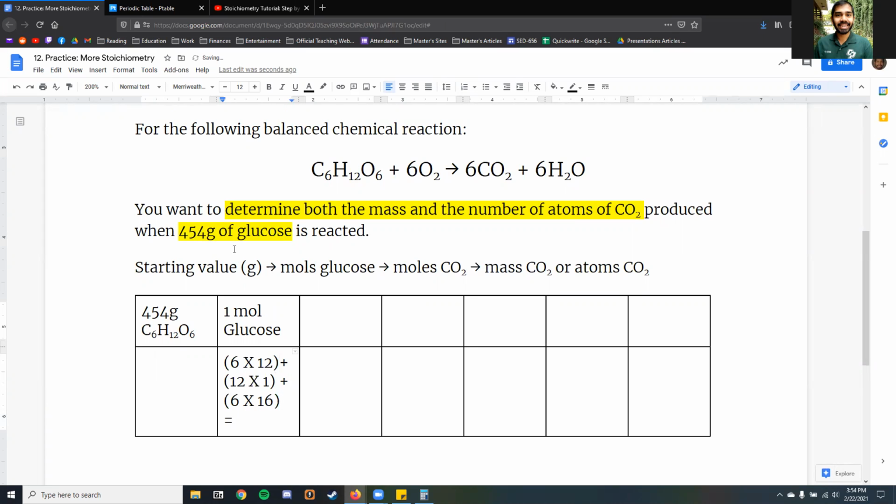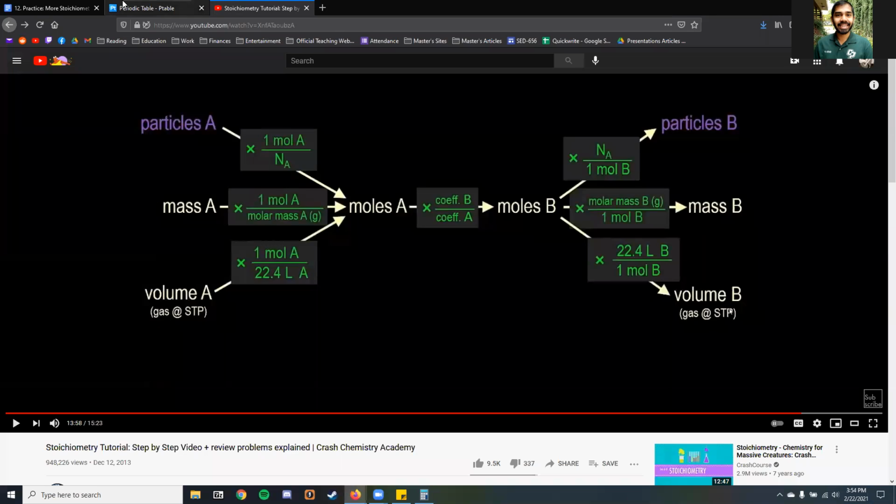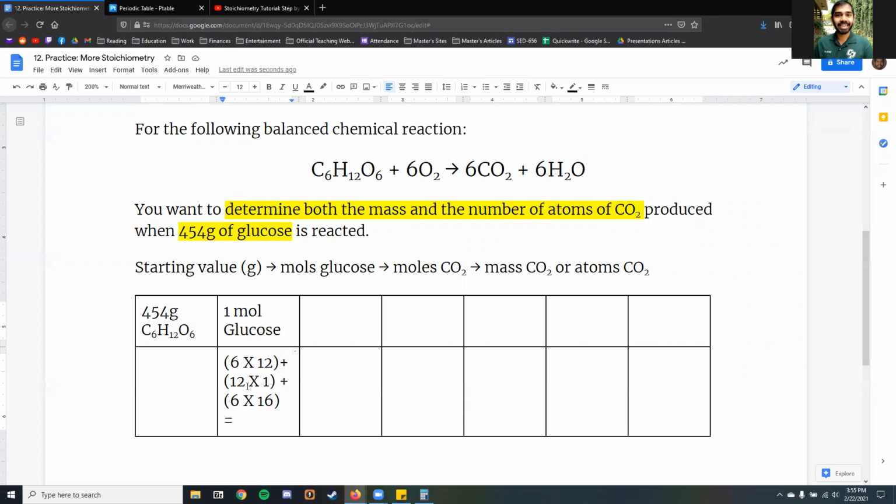We're going to take those and add them up. Where do I get these numbers from, 12, 1, 16? That's the periodic table. Oxygen by itself weighs 16. Hydrogen weighs 1. Carbon weighs 12. We put what we want on top, and we want to turn our unit from grams into moles.